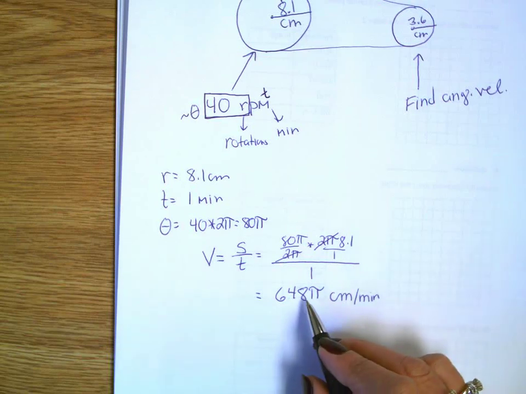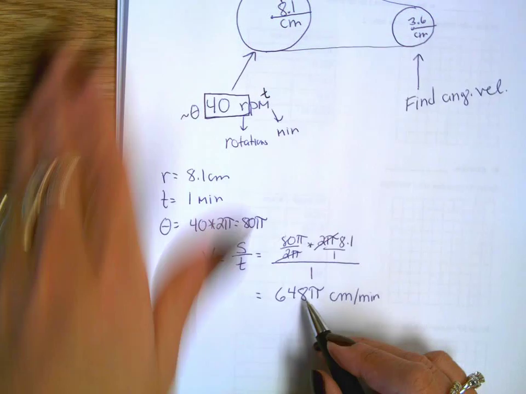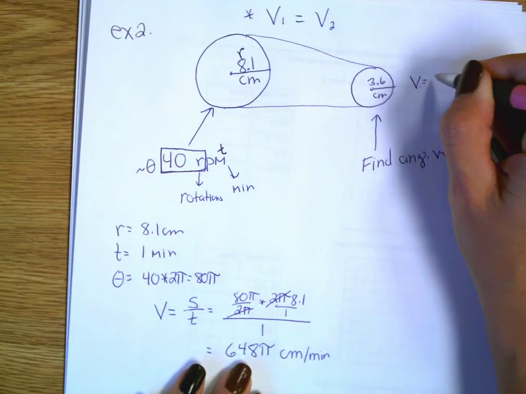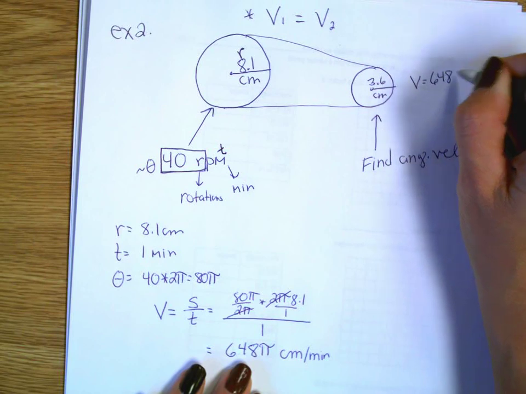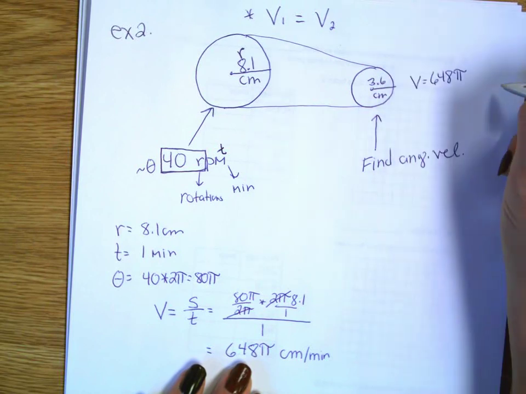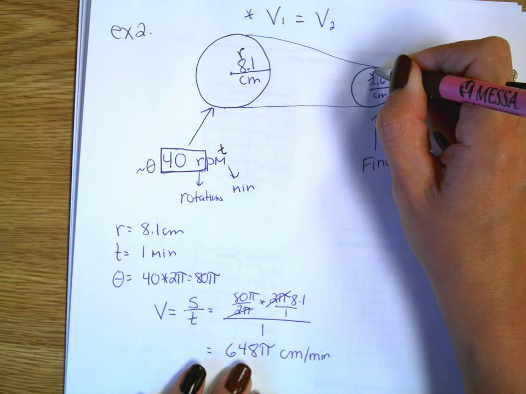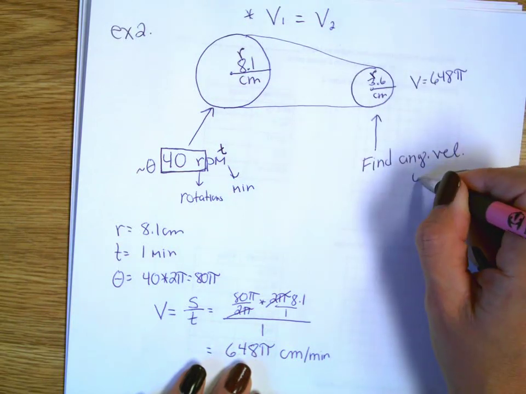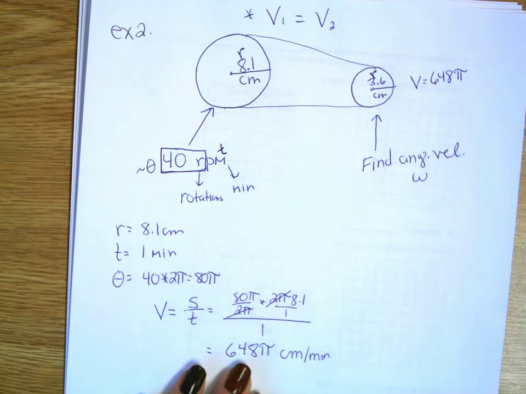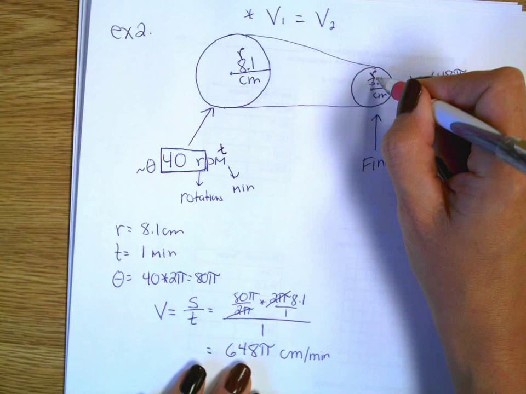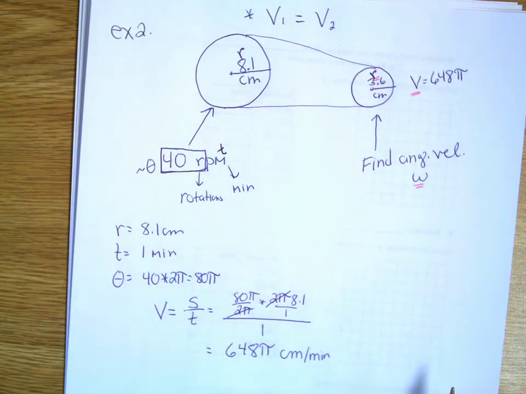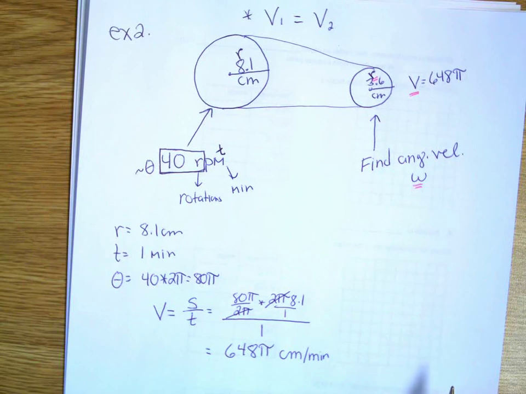Okay, so now that we've got the velocity that this whole mechanism is moving at, we know big V over here is 648 pi. We've got R, and we are looking for W. Is there an equation that relates big V, R, and what we're looking for? V equals RW.